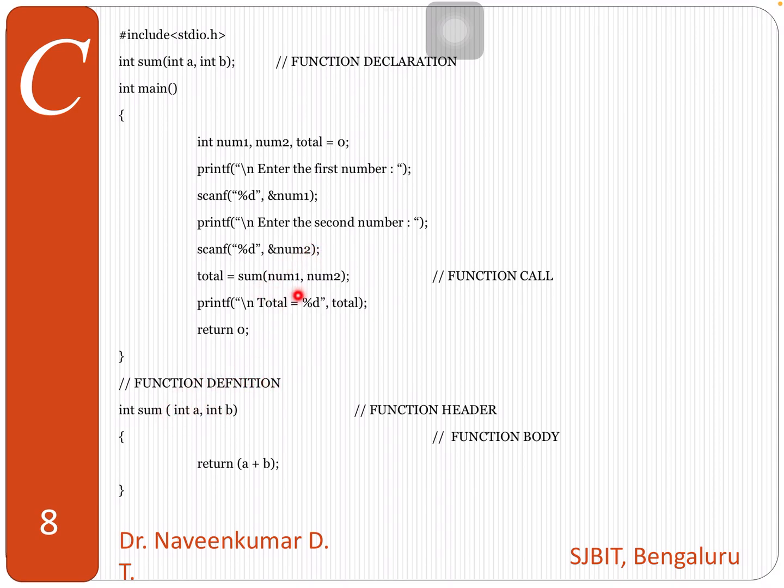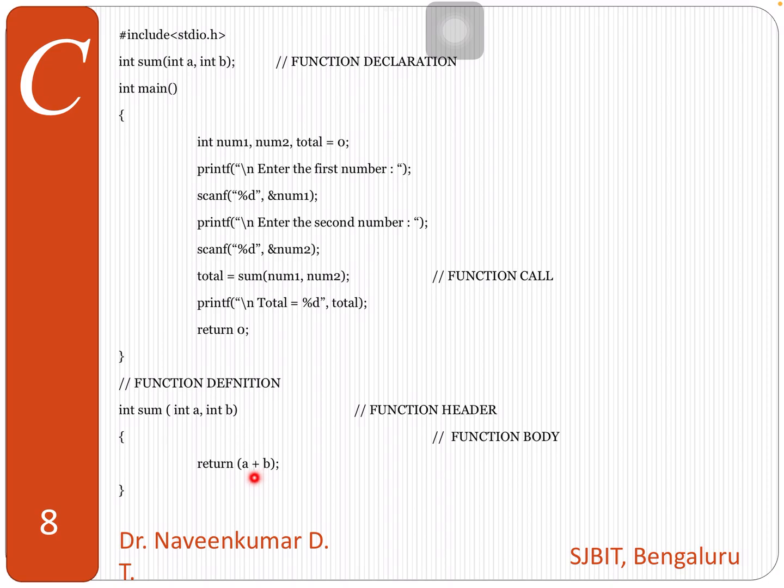You cannot write two variables here and only one here. Or if you interchange number 1, right, then also it will cause error in the final output. Therefore, you must keep in mind what should be the value of A and what should be the value of B, right?